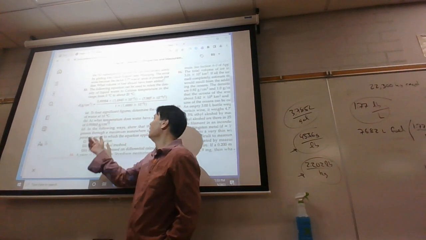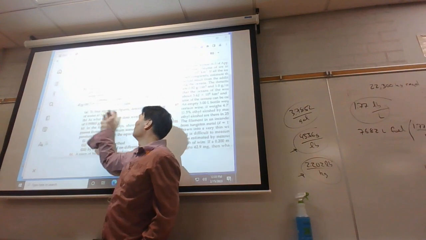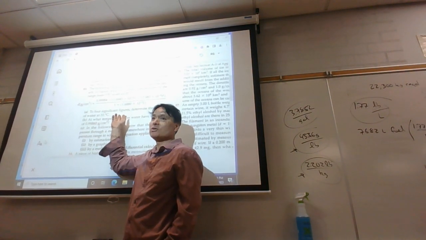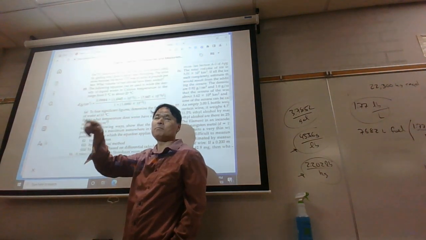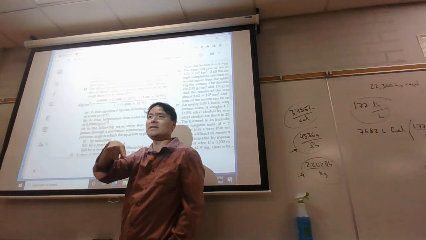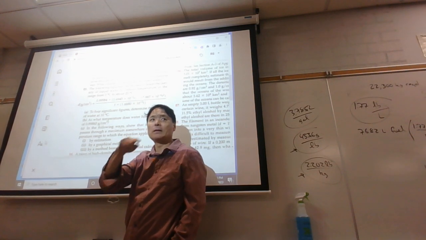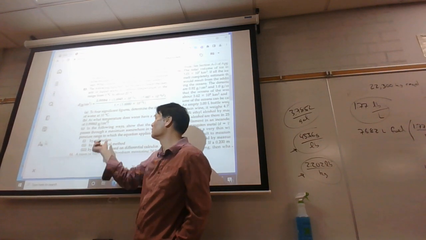So we're going to plug this density in here and rearrange this equation algebraically into quadratic form, then plug a, b, and c into the quadratic formula, and solve for x. That's how we would do this.